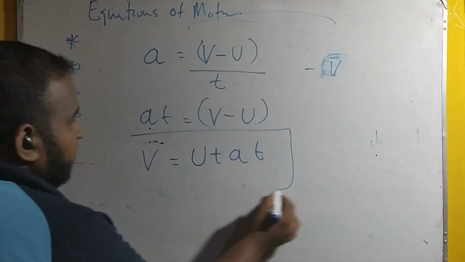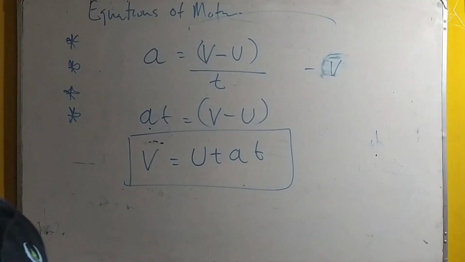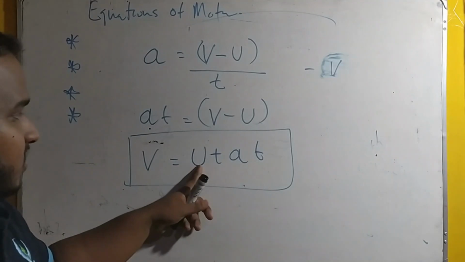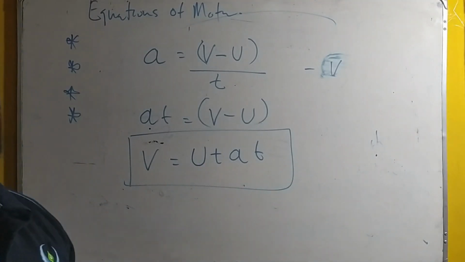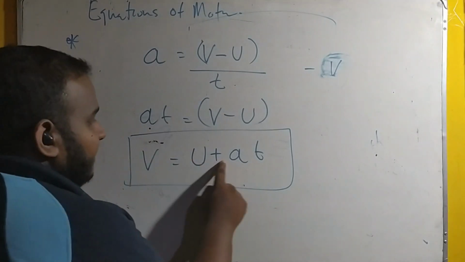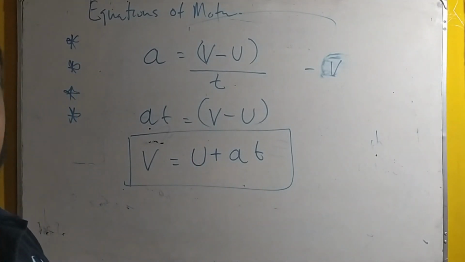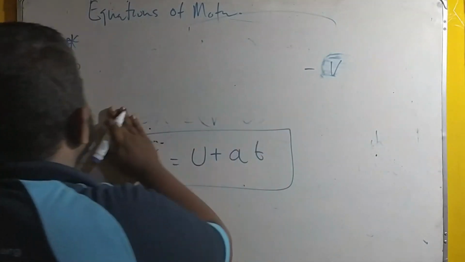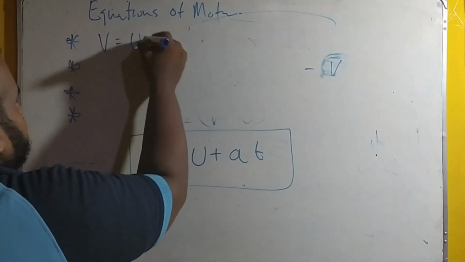So the first equation is: final velocity is equal to initial velocity plus acceleration into time taken. v is equal to u plus at.